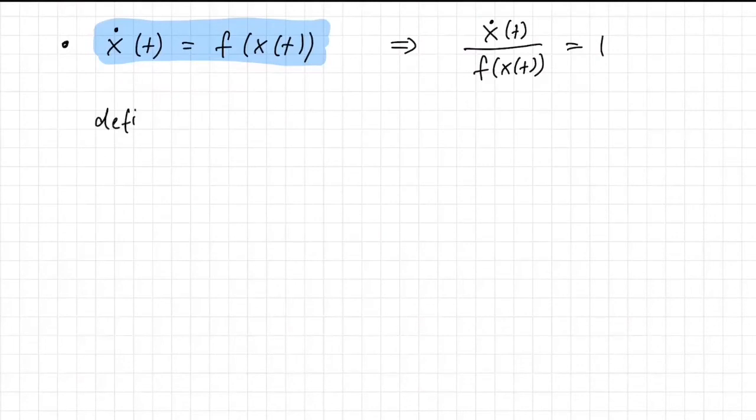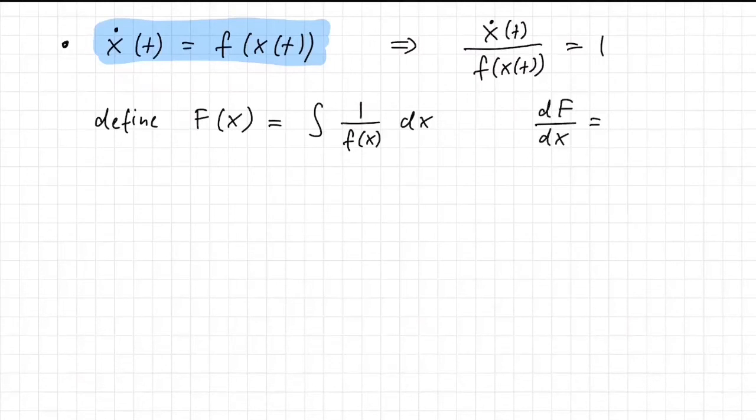Let us define capital F of x. Now, before we had f of t, now we have capital F of x equals the indefinite integral of 1 over f of x dx. So why is that useful? So first of all, we do know that dF dx equals 1 over f of x.